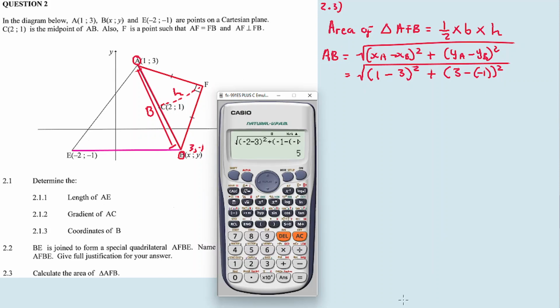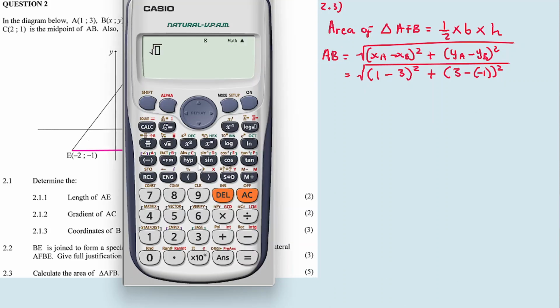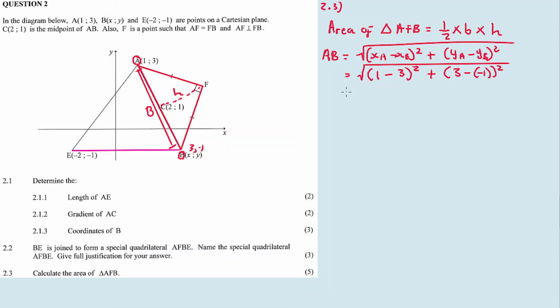Let's calculate. So the square root of 1 minus 3 squared plus 3 minus 1 squared equals 2 square root 5. 2 square root 5, right? So the base is 2 square root 5.